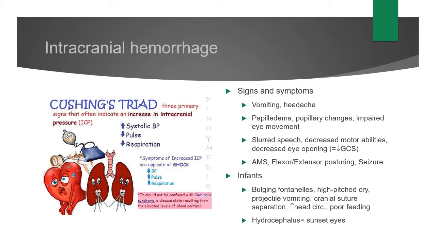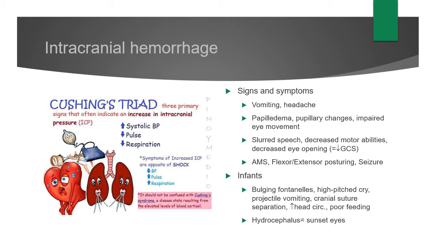And then the patient becomes bradycardic and then will develop these irregular or slow respirations. Other things you might see with this would be signs of herniation, like a blown pupil or that posturing or seizing.